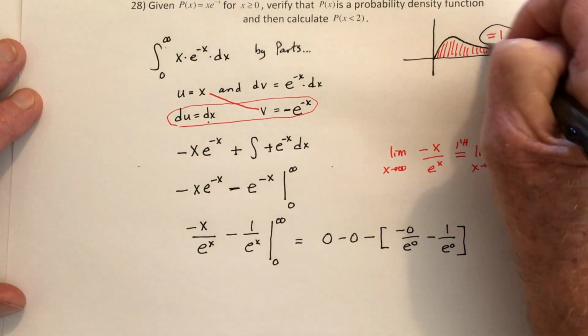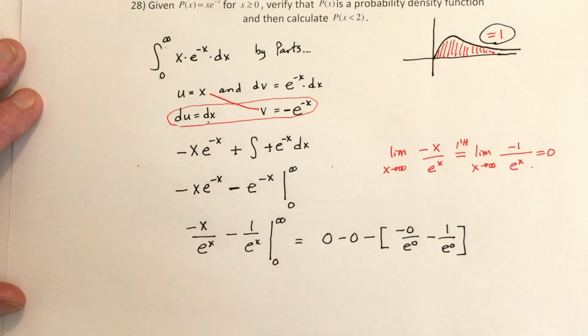And then keep in mind, we're supposed to get the answer 1. Let's see if we do. So that's 0, 0, 0, and then negative, negative, so that's positive. And e to the 0 is 1, so it's going to be a positive 1. So good, we verified it.